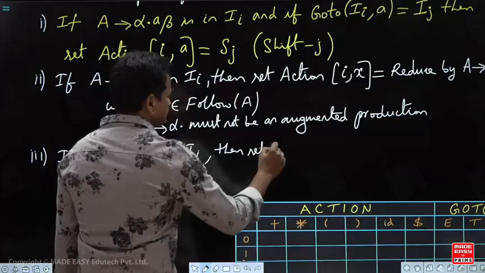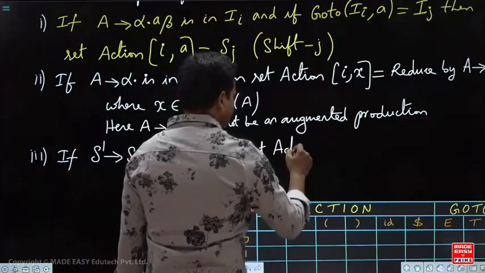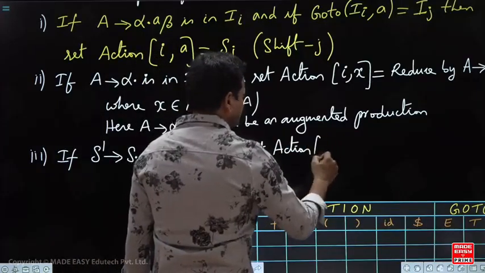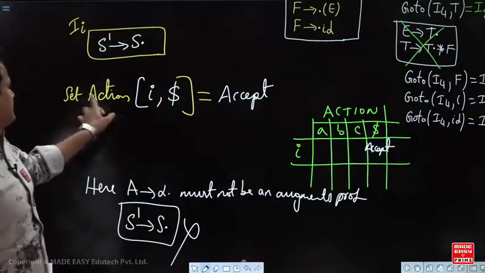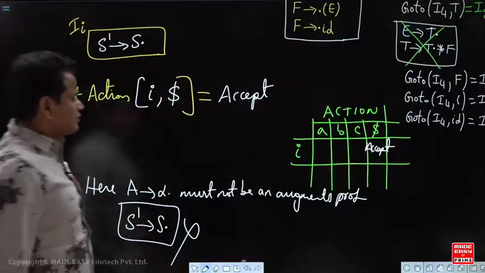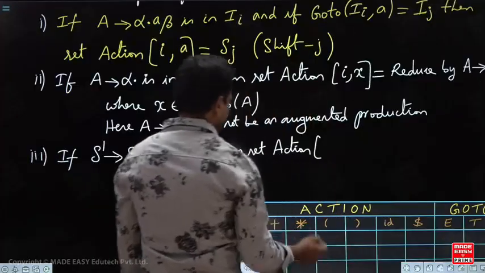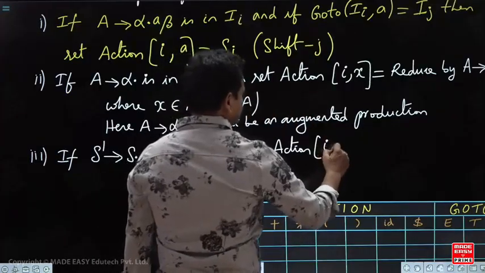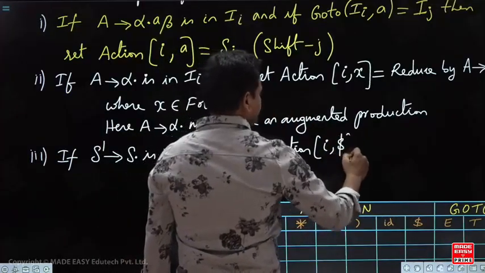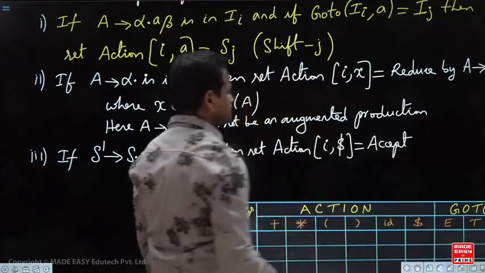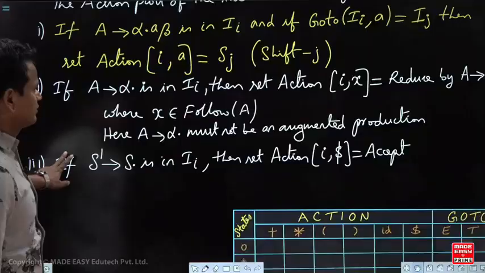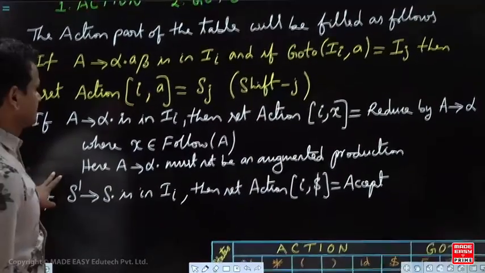Then set action part of I row, dollar column. We write accept. So copy this. I hope you are copying this simultaneously.